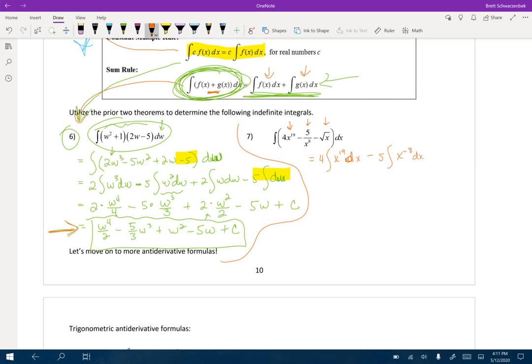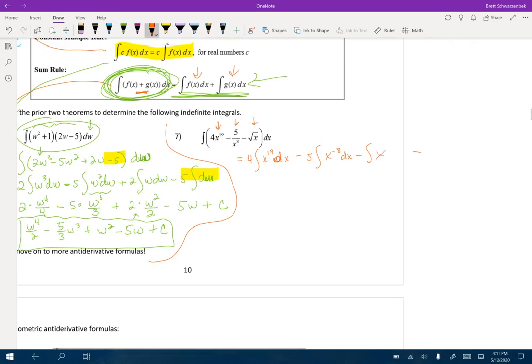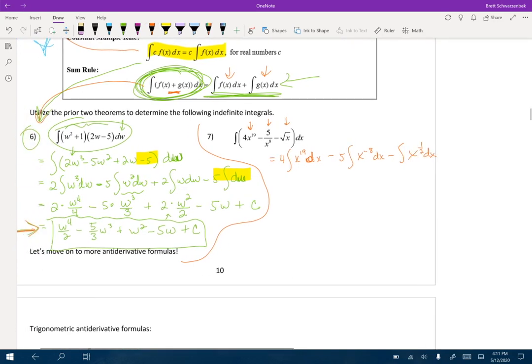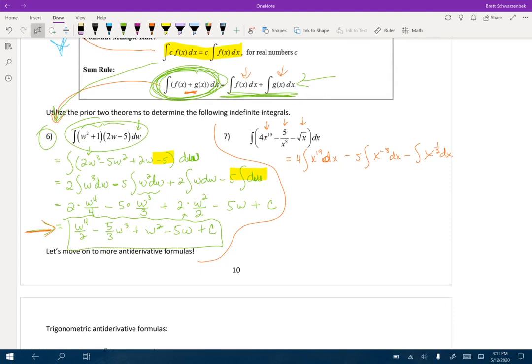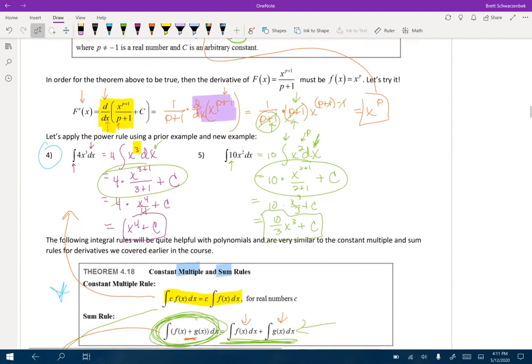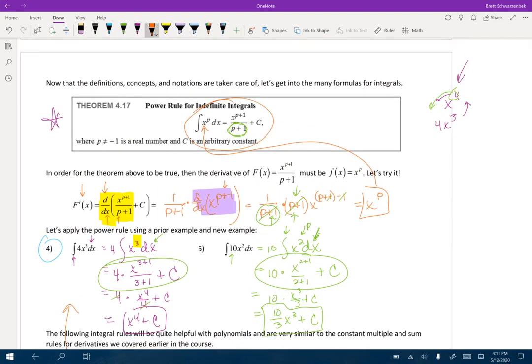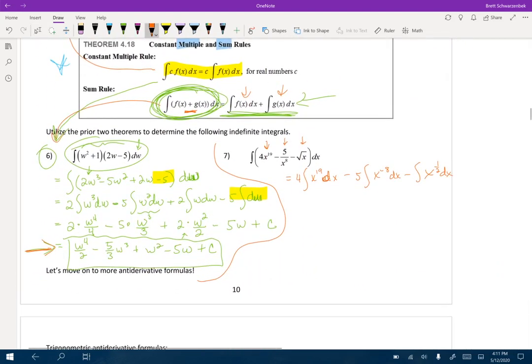And then this one does not have a constant for the first time here. And what do we know about radicals? We can change them into fractional exponents. So x to the 1/2 dx. Okay, so what we're going to do is use, again, the power rule for integrals, but now we're going to use it in some of these very funky ways all the way through.